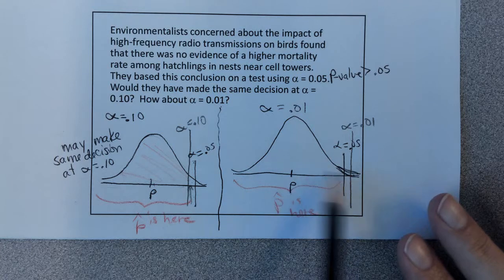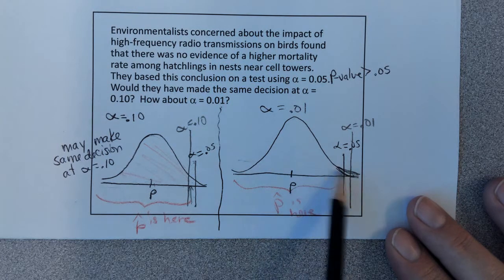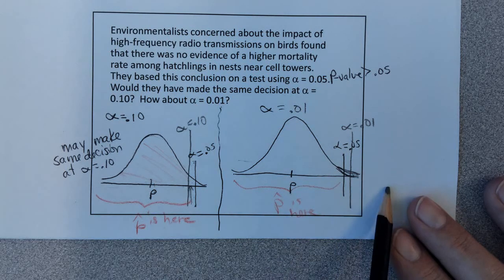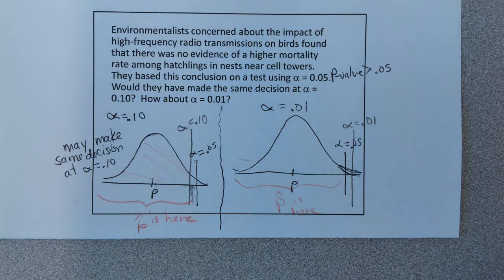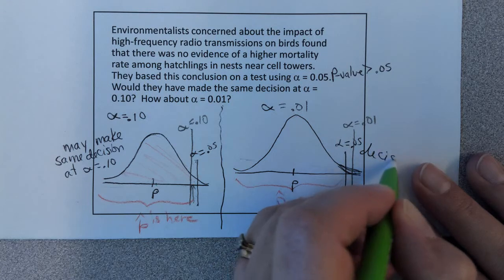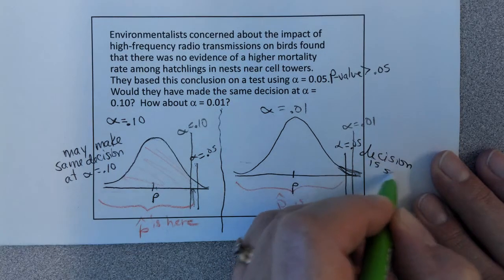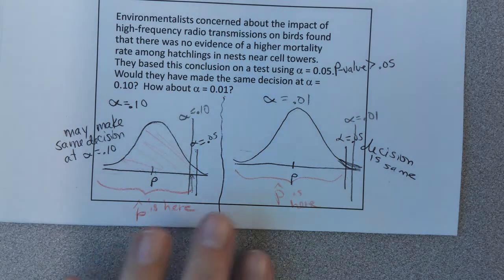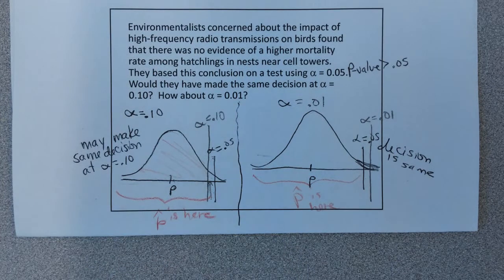Well, p hat is somewhere in here, which means it's also to the left of the 1% marker, so p hat is not far enough out in the tail to reject, which means I'm going to keep the decision. So at 1%, the decision is the same, because p hat is still to the left of the cutoff, closer to p than the reject zone. Okay, does that make some sense?